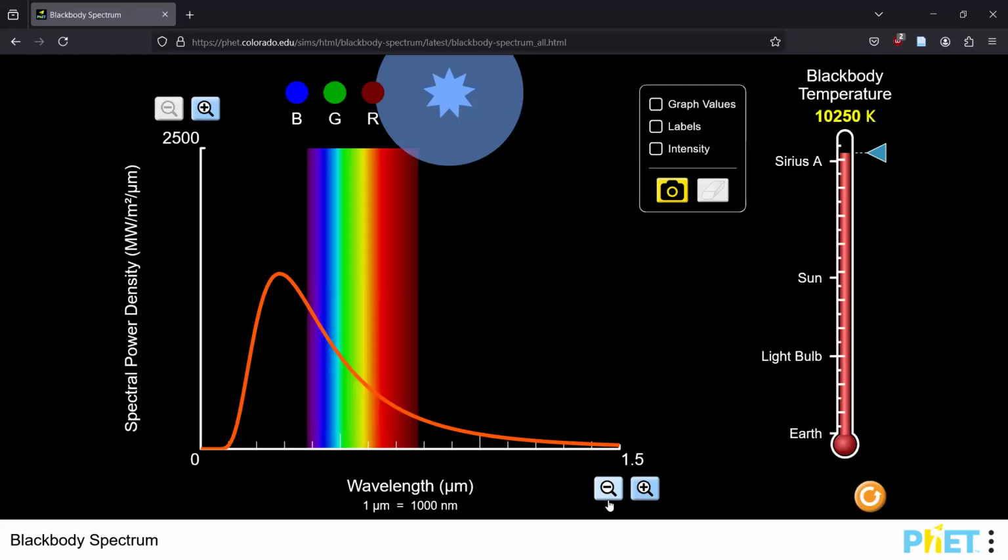The moment you put any energy into a system, it would glow white hot because this spectral power density increases monotonically as the wavelength goes down, and you get more and more energy and more light as you get more and more blue. All right, so the claim is that every object at any temperature should glow infinitely bright.